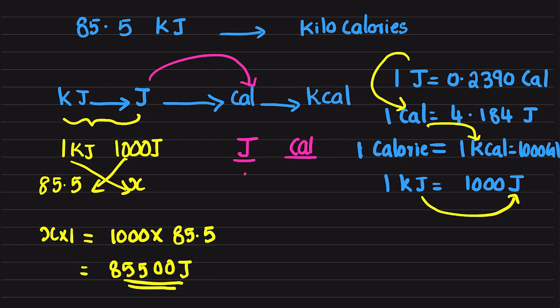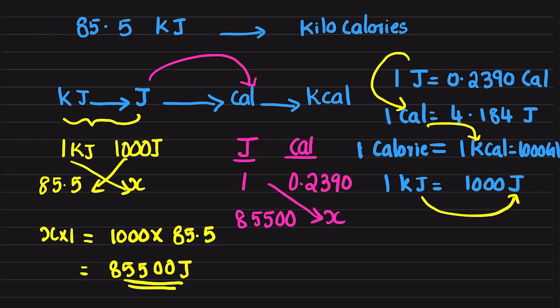So 1 joule equals 0.2390 cal. So 85500 is how much? Take it as x.